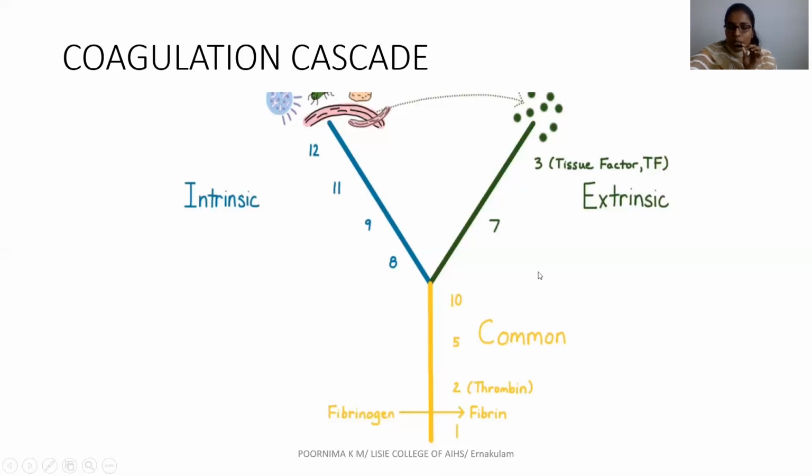Here we can see there are two factors in the extrinsic pathway, that is factor 3 and factor 7. And the factors in the common pathway are factor 10, 5, calcium, which I have written here. Calcium is coagulation factor number 4, then factor 2 and factor 1.